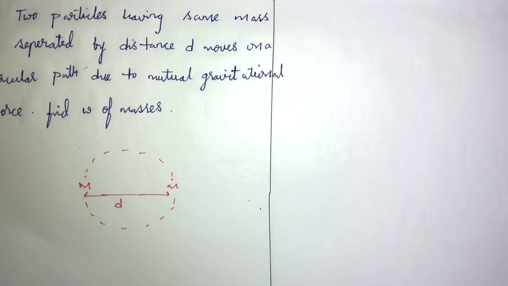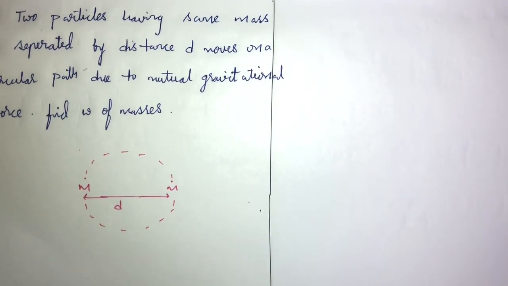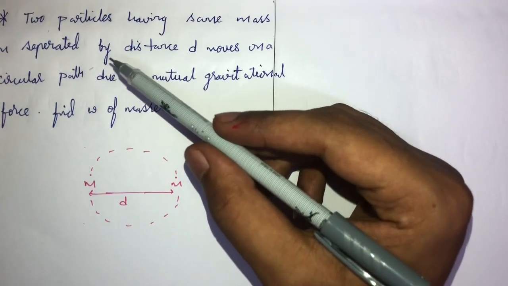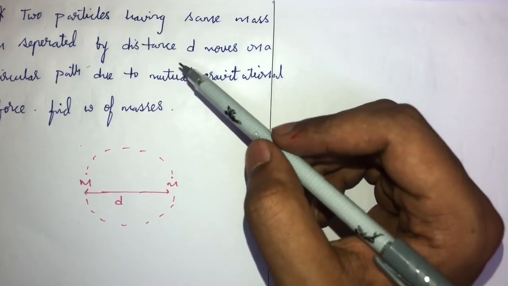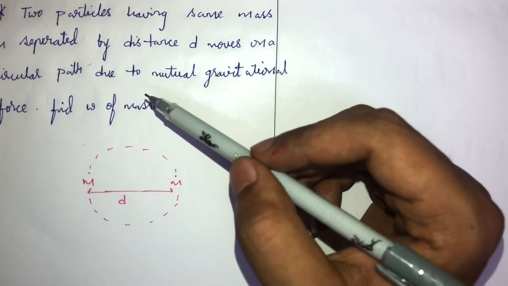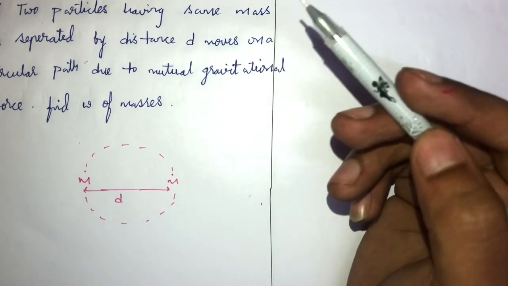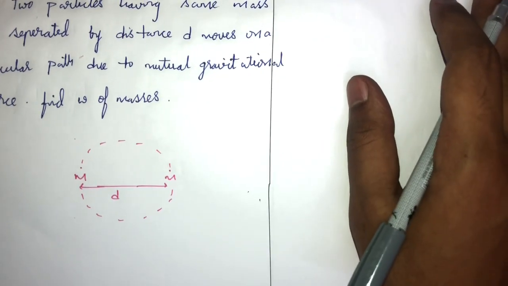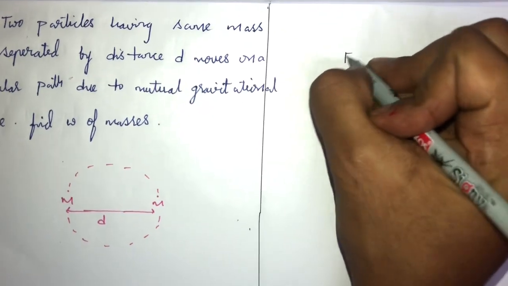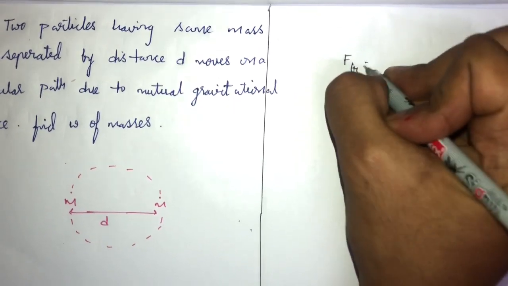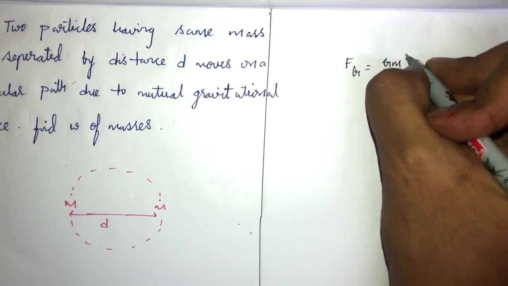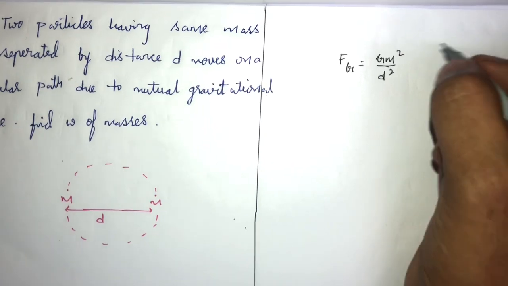So another simple problem related to angular velocity. Here two particles having mass m, separated by a distance d, move on a circular path due to the mutual gravitational force. Find the value of omega of the masses. So here F resultant will be equal to the gravitational force, GM square by d square, where d is the distance between the two masses.